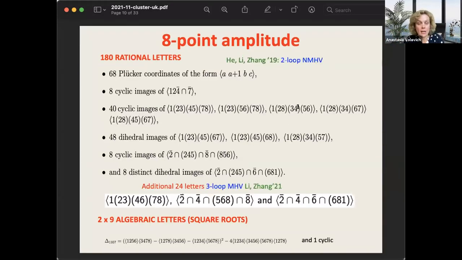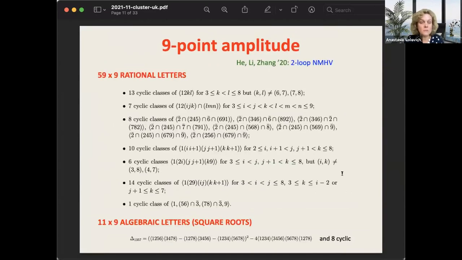And moreover, the more amplitudes, the more computations are done by physicists, the more data you get. So for example, recently Li and Zhang computed another 3-loop amplitude, and there are yet additional letters, which I denoted here in white. Just for your amusement, for 9 points, here's a list.